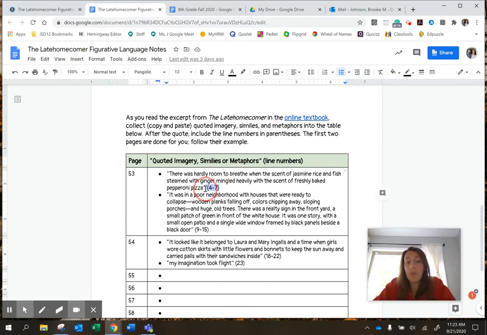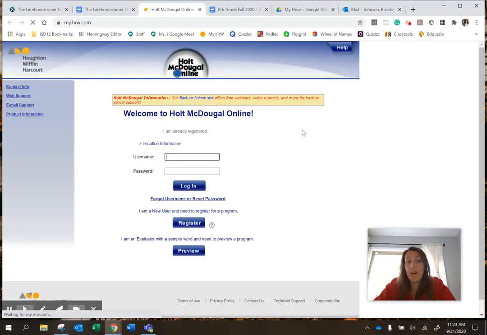And write down the line numbers that are on that page. So remember to sign into the online textbook. It's your email, mine's different, remember, but yours is 25, capital letter of your first name, capital letter of your last name, and then at k12.isd12.org.